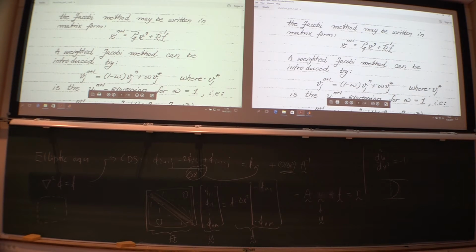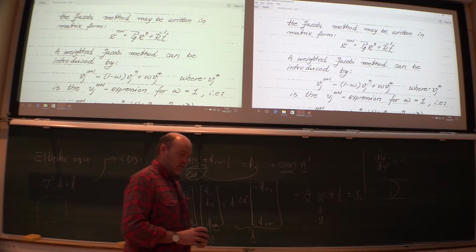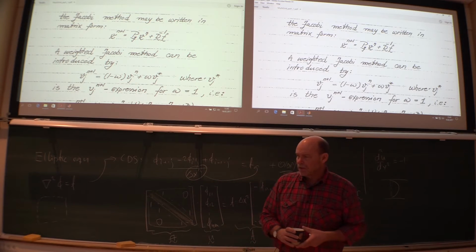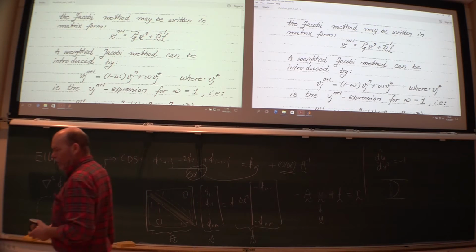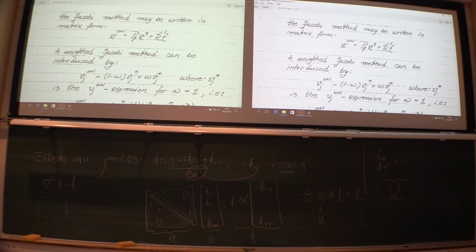Then we are talking weighted Jacobi. That's the same philosophy as we have used before with the modified Newton-Raphson. With SOR, we introduce an omega, use the same symbol here, to actually speed up the iteration process. That was the concept initially.